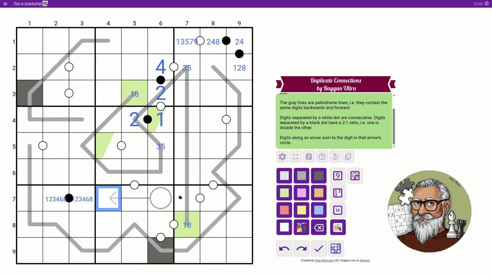Not getting far. I am not getting far. Do I have to color all of this and see how it helps?